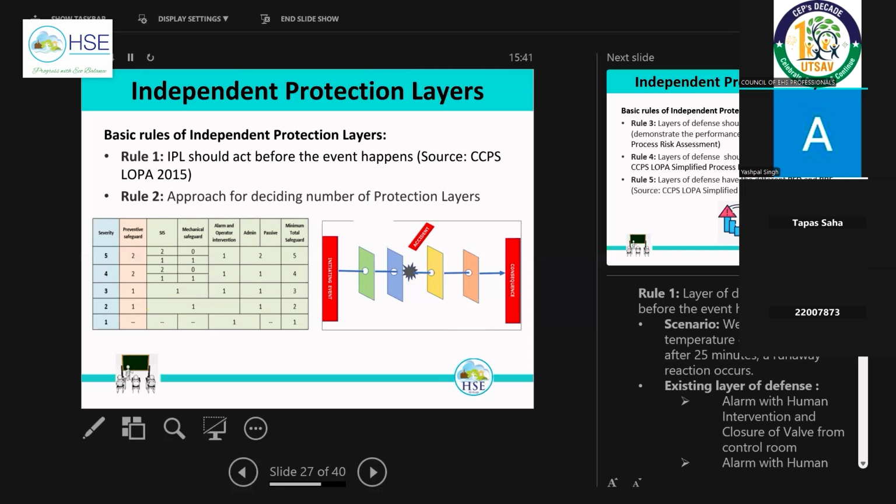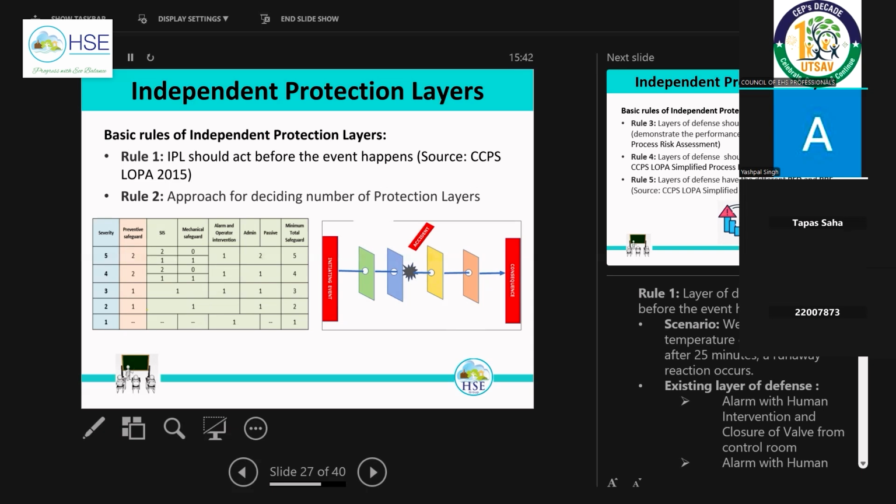So based on the redundancy in the design of your BPCS or DCS, we are considering 2. Otherwise, we can consider only 1 here. If there is no redundancy in the BPCS, then we should design our risk matrix in the case of severity 5 with 2 preventive safeguards, where 1 should be SIS and 1 should be mechanical. Because redundancy is there in the SIS, we have the flexibility to select 2 SIS or 2 mechanical also.